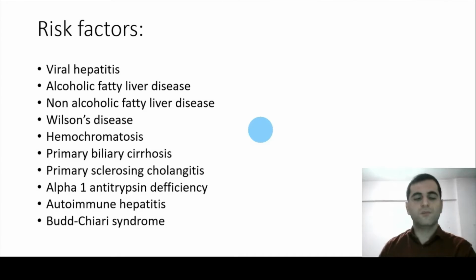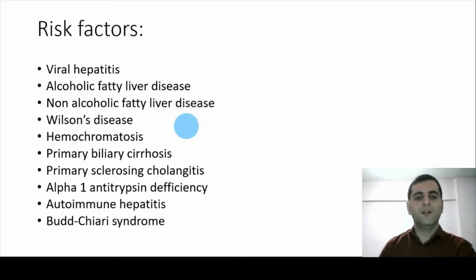Wilson's disease is a medical condition which is characterized by disrupted copper metabolism. Normally, the copper is absorbed from the intestine and then it is stored in the liver. And when the body needs copper, the copper binds to ceruloplasmin and goes into the systemic circulation. However, in Wilson's disease, the copper can't bind to ceruloplasmin and so it can't enter into the circulation with the ceruloplasmin.